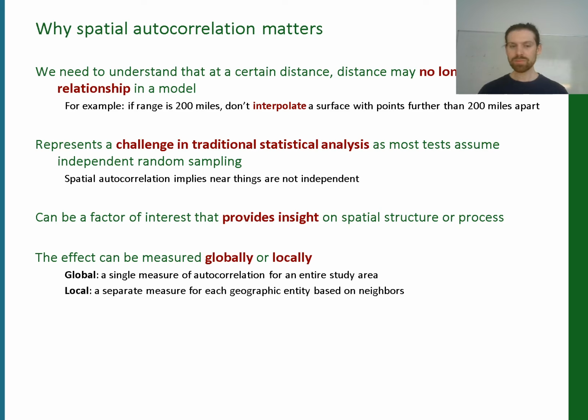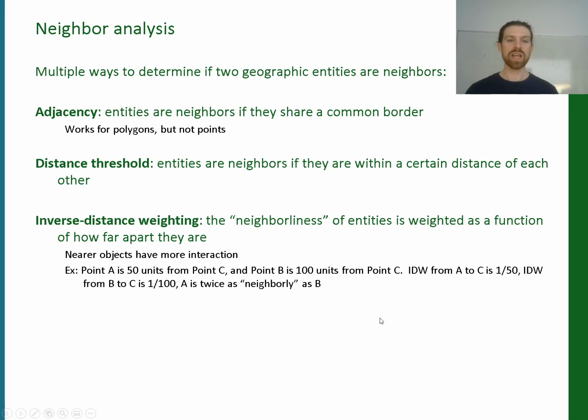Okay, so we could understand spatial structure or spatial processes by using this factor of interest, okay? And we're able to measure this both at a local level but also globally across an entire data set. So neighbour analysis is a way in which we're able to understand if different geographical entities are actually neighbours or not.